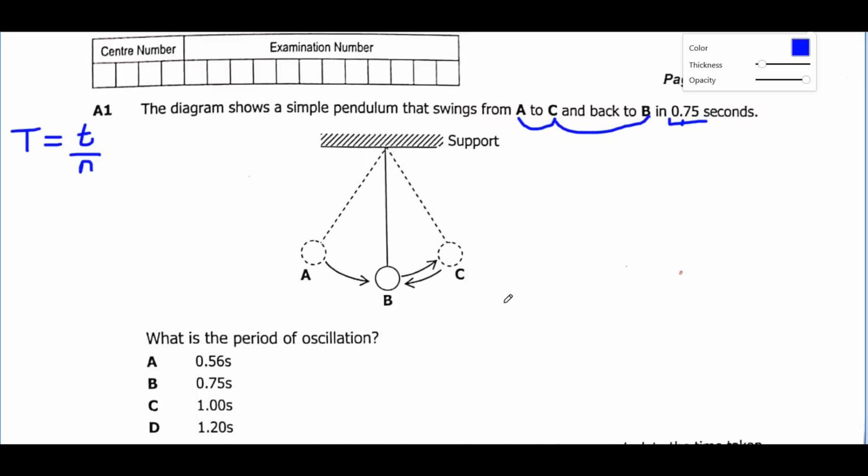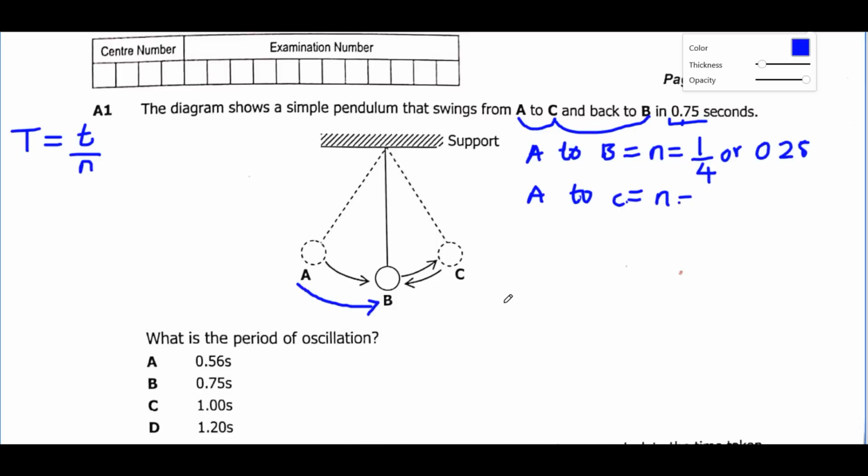First, let me give you the number of oscillations for A to B in case you encounter a question like that. A to B, n is equal to 1 over 4 or 0.25. Then A to C, n is equal to 1 over 2 or 0.5, which is the same as half.